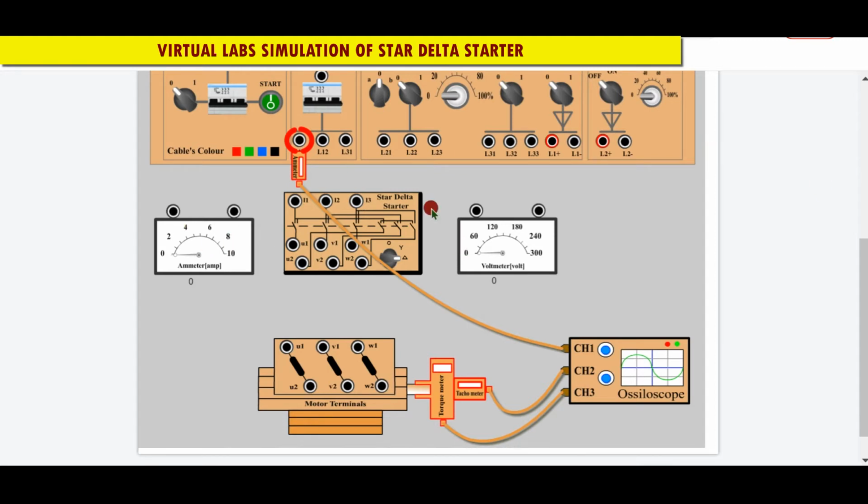First, this is the first phase, so connect it to the positive point of the ammeter, which is connected in series, and the negative point of the ammeter to I1.